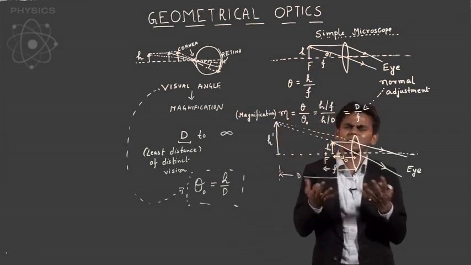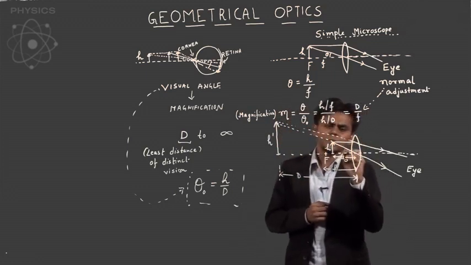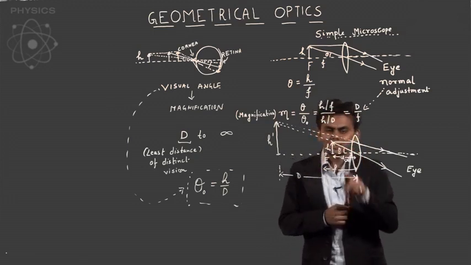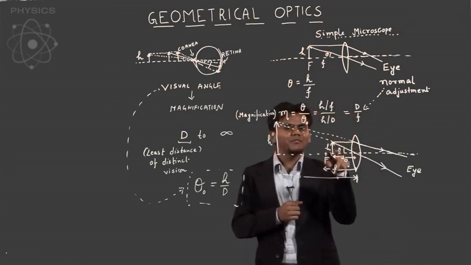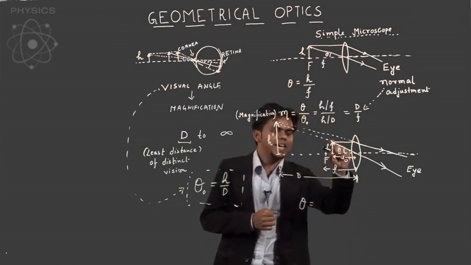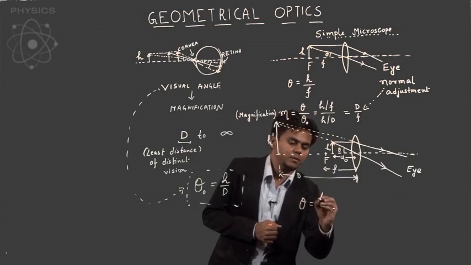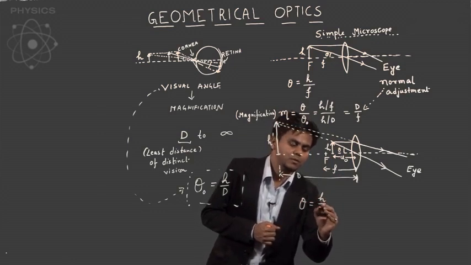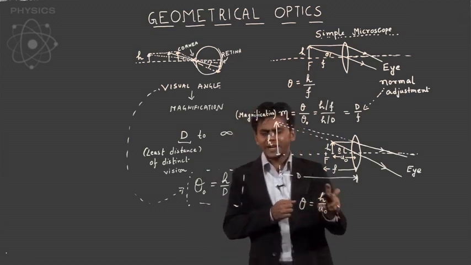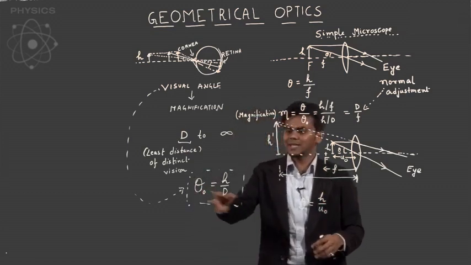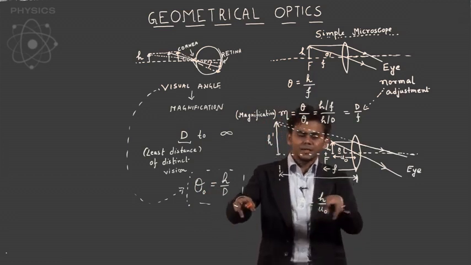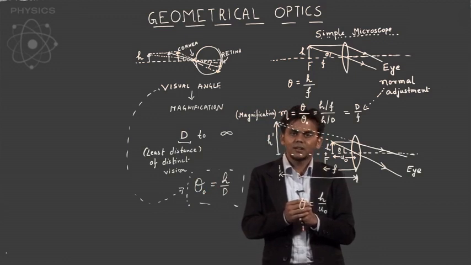Why do I need a relation between these things? Because when you check this angle out, this theta essentially is what I'm after. This theta is equal to h upon u naught, but I don't know h. If I divide this upon this, I'll get d by u naught.